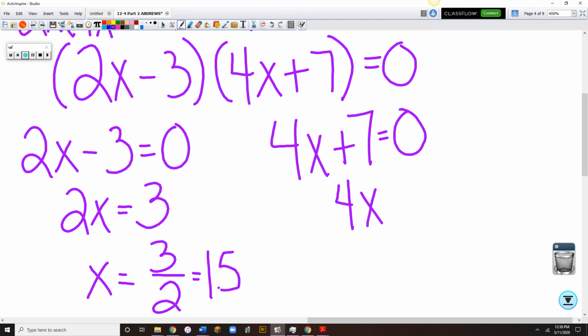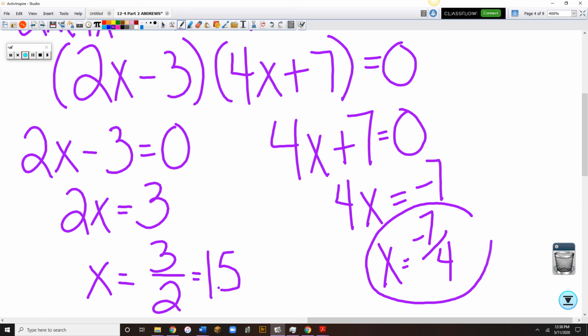Here again, I'm not going to actually write subtract 7 on both sides because I'm starting with 0. And my other solution is negative 7/4. I would probably leave that solution as a fraction if possible, because it's going to divide out to be a 6-digit repeating decimal.